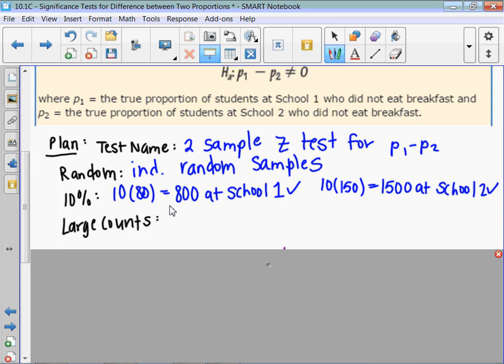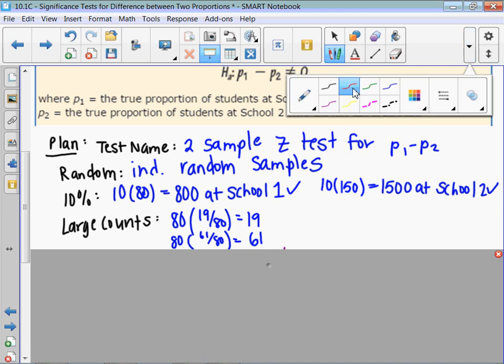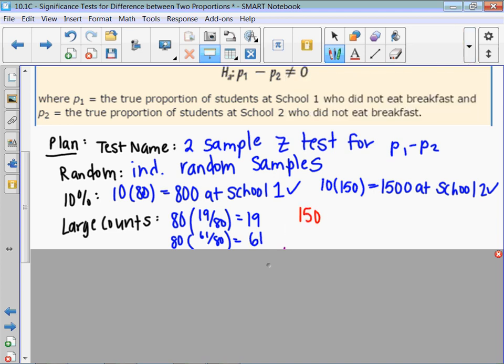Then we need to check large counts, n times p. I've got 80, which is my n at the first school, times 19 over 80. And then 80 times 1 minus this is 61 over 80. Notice the 80s cancel, and the 80s cancel. And then at the other school, we have 150 students, and our people who didn't eat breakfast was 26 out of 150.